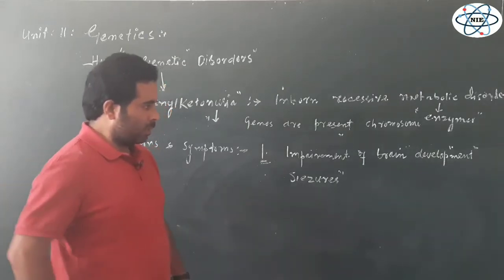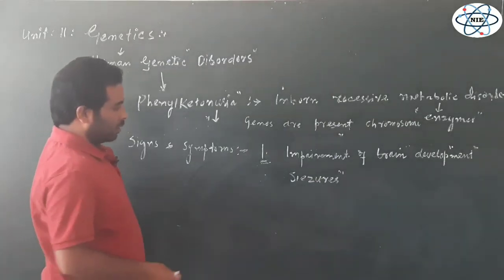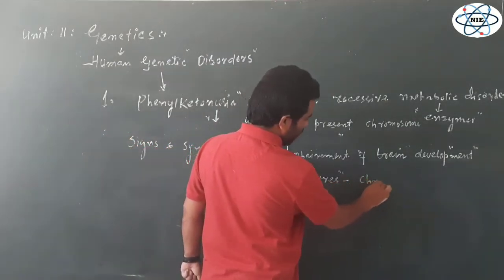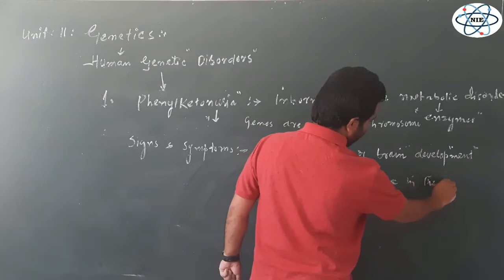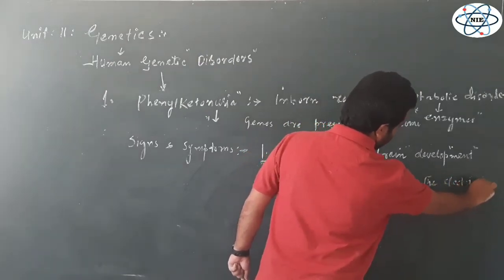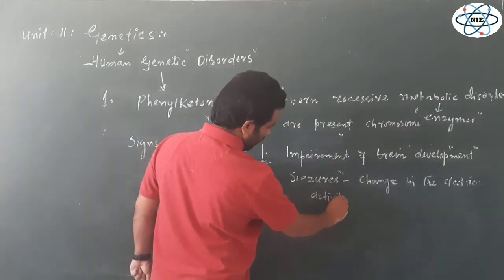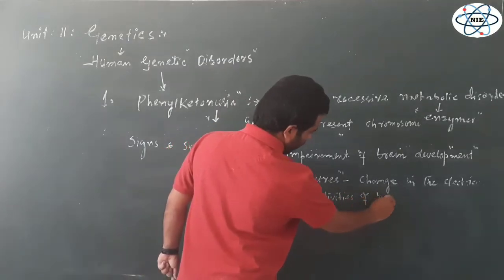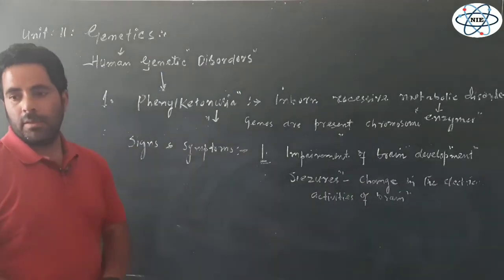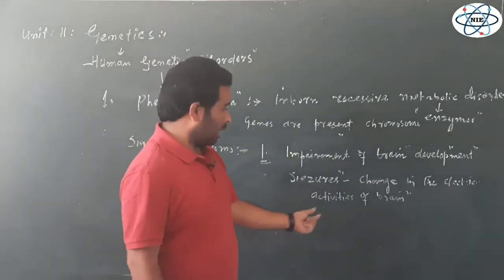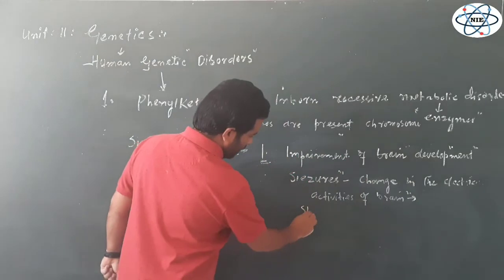The individual develops seizures. Seizures means there are some changes in the electric activities of the brain, and as a result of that, there are some shaking movements.